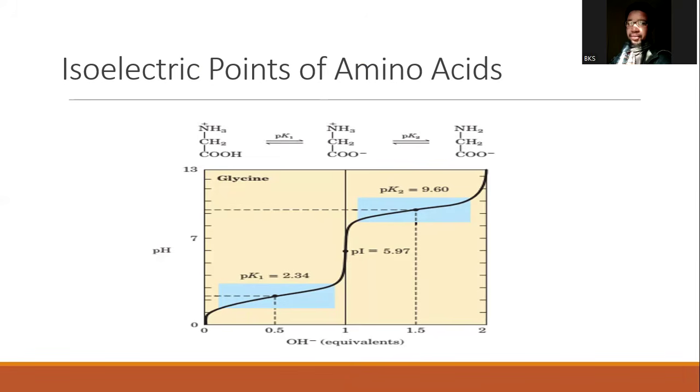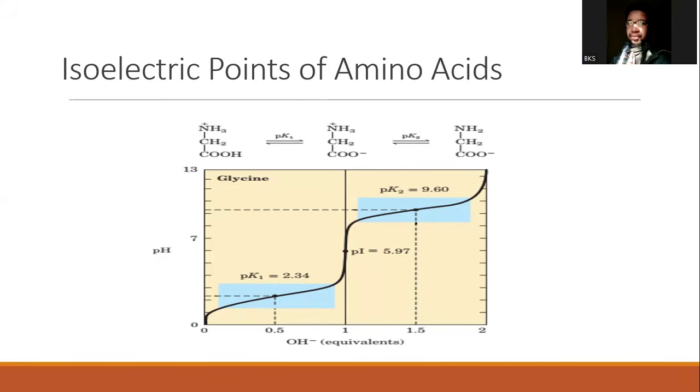You are reaching an equilibrium between the amino group in its NH3 plus form and the neutral form.